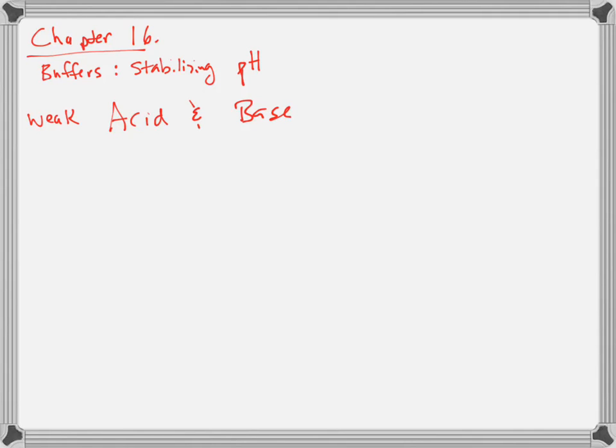Okay? So what happens to make these? So we said we need a weak acid and a weak base. So let's look at a couple cases where we're going to attempt to make a buffer. I'm going to take a weak acid and I'm going to add a strong base. Okay?